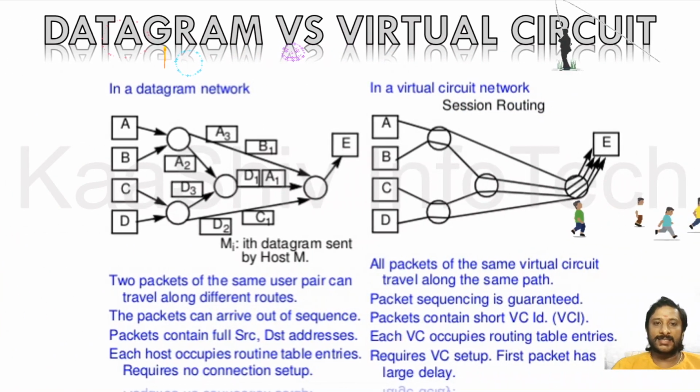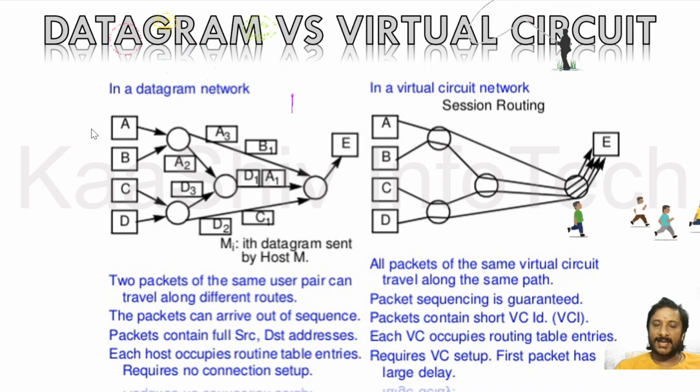Now the final thing, datagram versus virtual circuits. In datagram networks, the data is sent randomly. Two packets of the same user can travel along different routes.